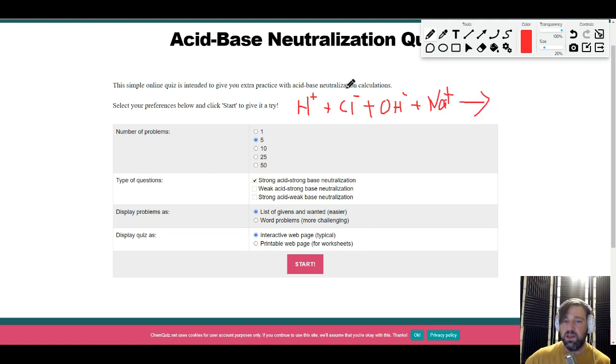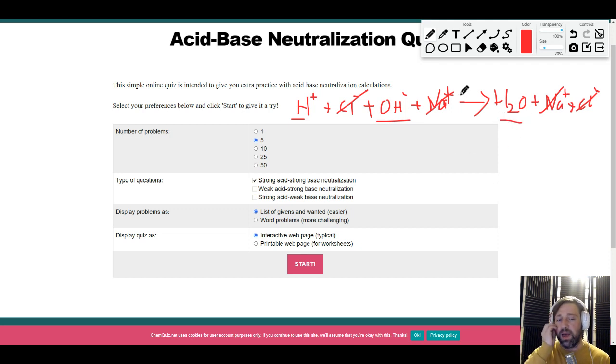And then when these come together, you're going to get H2O and sodium ions and chlorine ions. These are going to be ions, aqueous, dissolved. And if you remember from your net ionic equations, they go away. So really the only thing we're talking about here is the H plus and the OH minus going to water. That's the only thing we really care about.